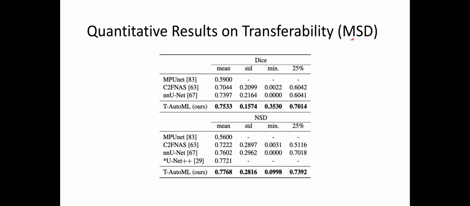And on the transfer data set, MSD, which is also lesion segmentation, they got these following results. This has beaten the following methods, and the variation in scores is also very small compared to others. This is one more metric called NSD, the normalized surface distance. The higher, the better for this score too, so it is also very high for this method.